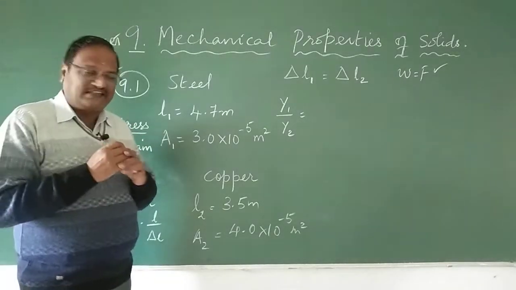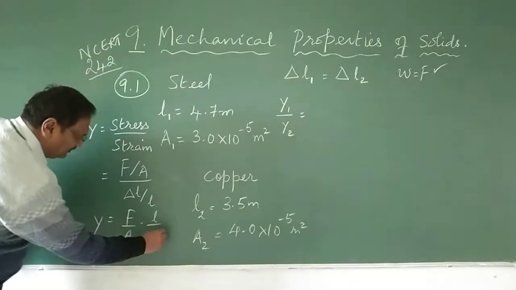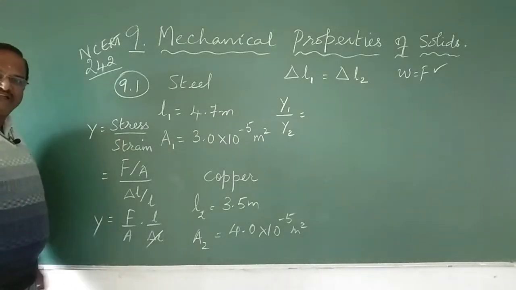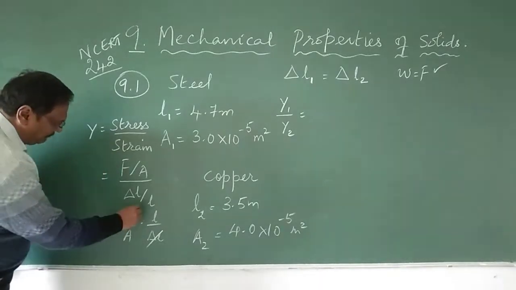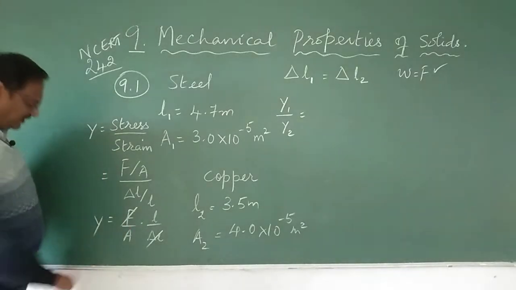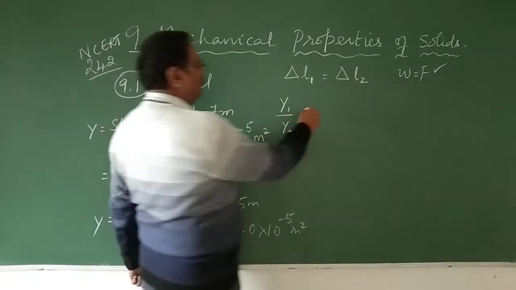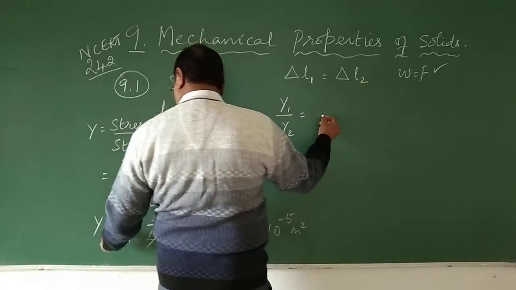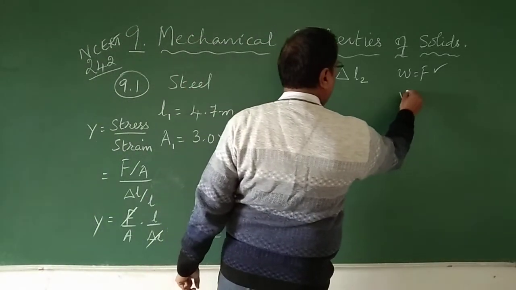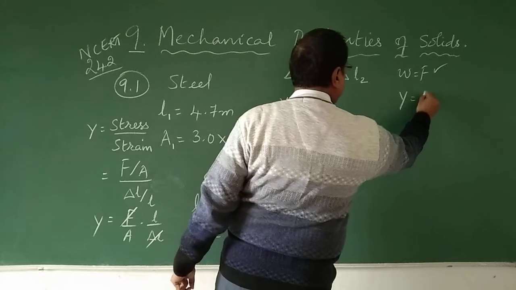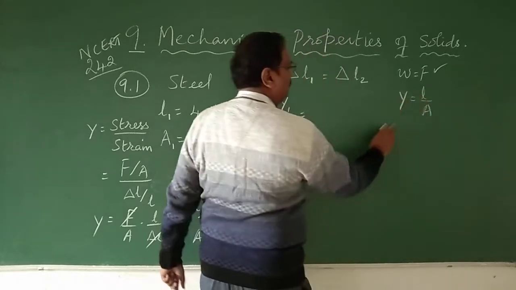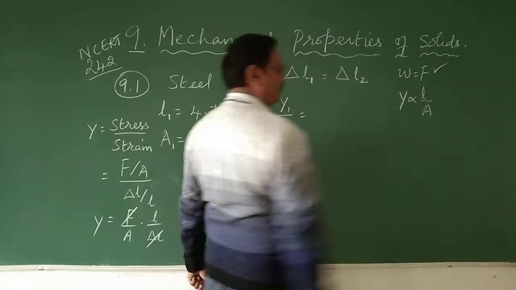Here we say that given change in length is same, that the elongation is same and the applied force is same. So we can say that Y is proportional to L upon A.